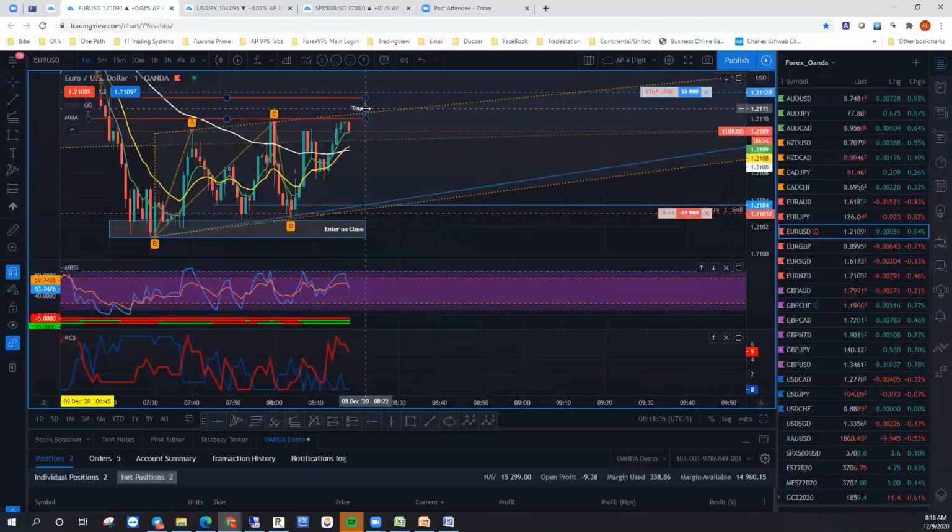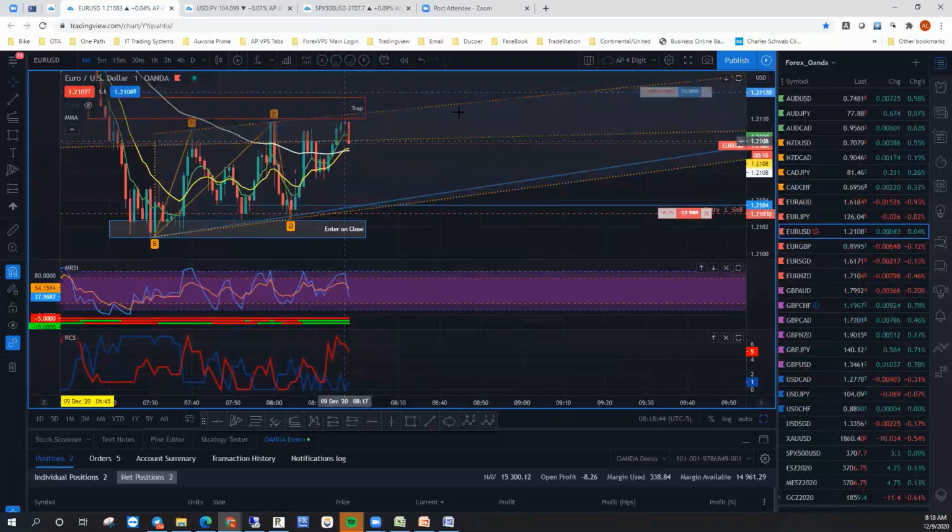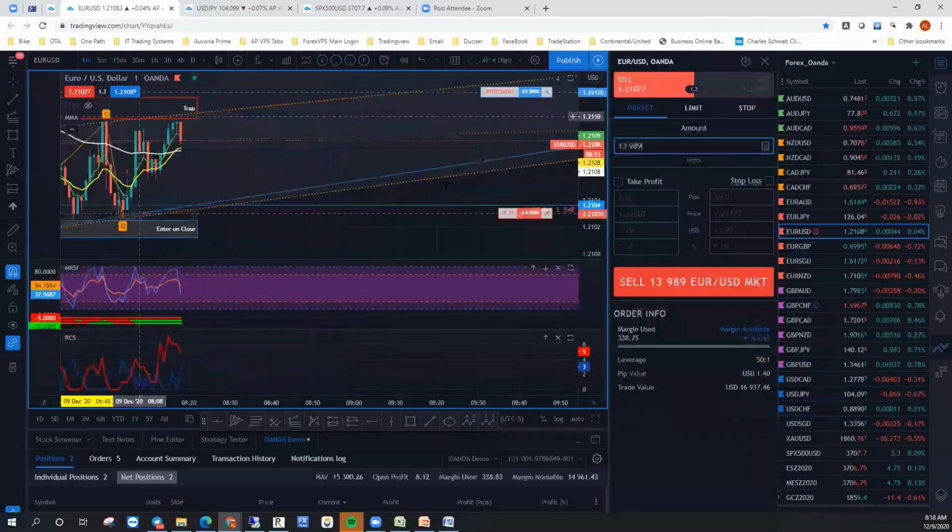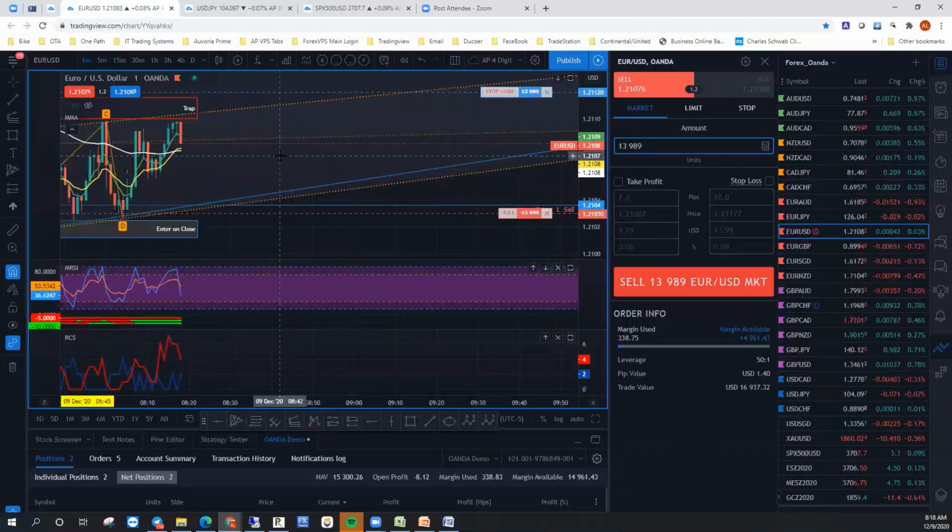But this is a much safer bet to go short, and this is a safer bet to go long at this point. I don't know if I could add to this position or not. Let me see if I can do that. Too late.